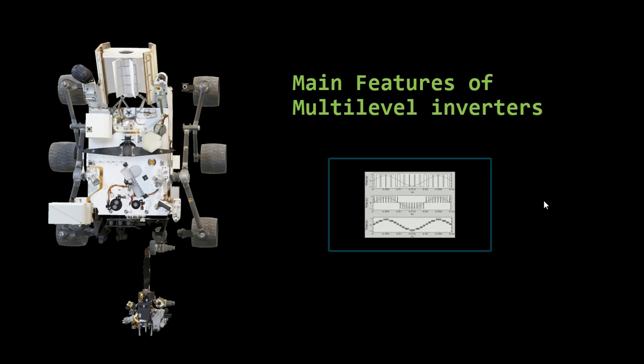Another aspect is that multi-level inverters can also be applied in high power. And another main feature is that the output voltage of the multi-level inverter is mainly controlled by the DC bus, or VDC, and we can control that by the variable DC links, which means by the many DC sources that we have as an input to the multi-level inverter.